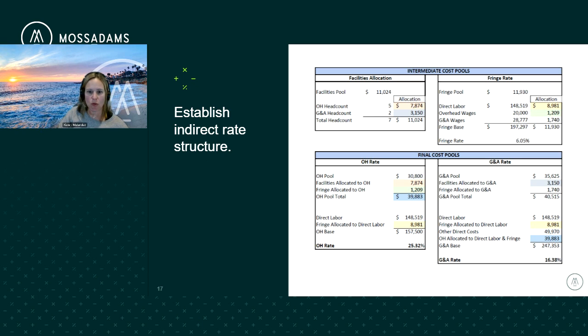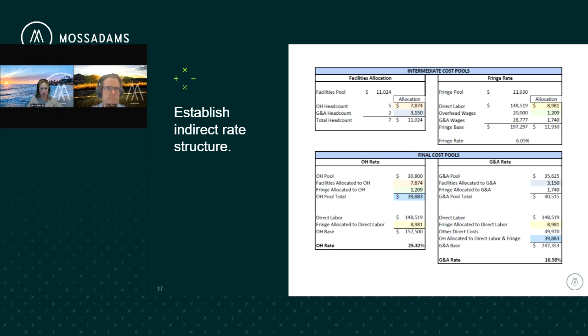An appropriate base would be labor, since those are all labor driven expenses. Typically all company labor would be your allocation base. You can see here, based on the color coding, how each of those allocations get moved down to the final cost pools, based on those relationships.